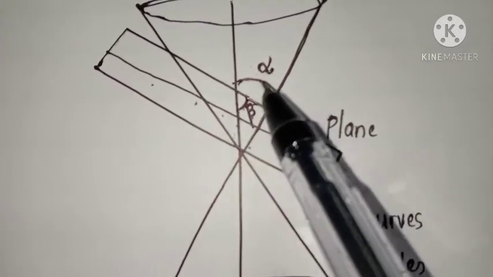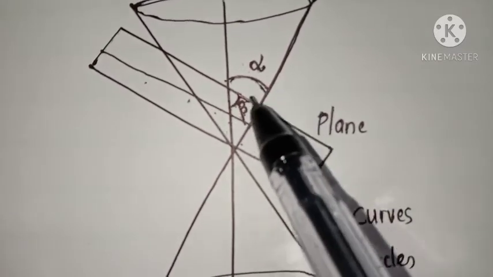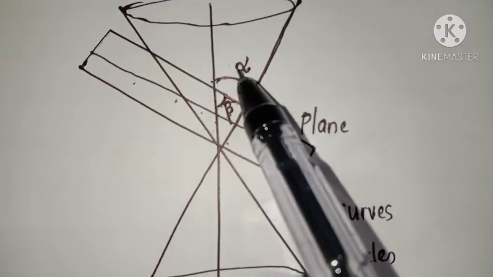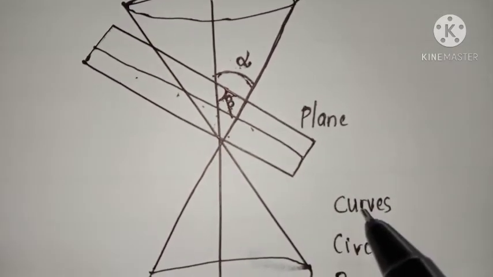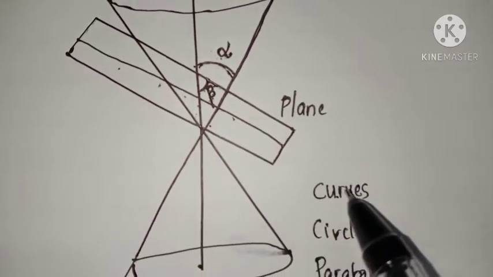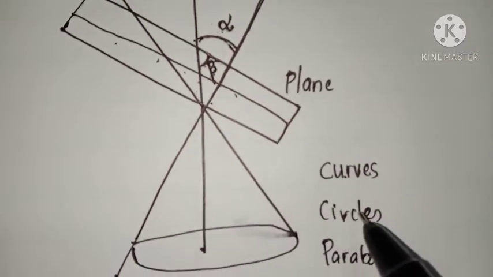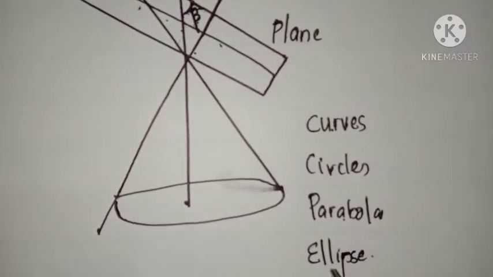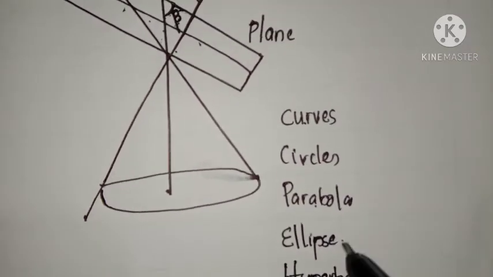With respect to these two angles alpha and beta, the intersection of the plane and the cone forms curves that determine whether they are circles, parabola, ellipse or hyperbola.